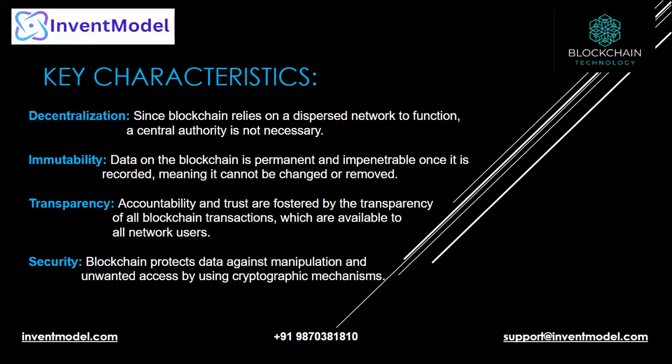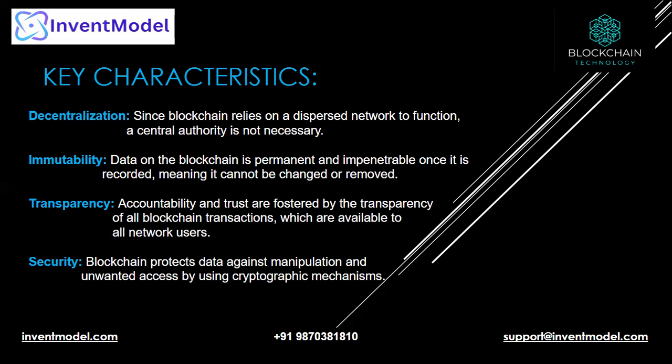Every block contains the hash of the previous block, creating a chain of data that is difficult to tamper with. If someone tries to change the data in a block, the hash will change, breaking the chain. This characteristic ensures that transactions are permanent and verifiable, making the blockchain highly secure against fraud and manipulation.